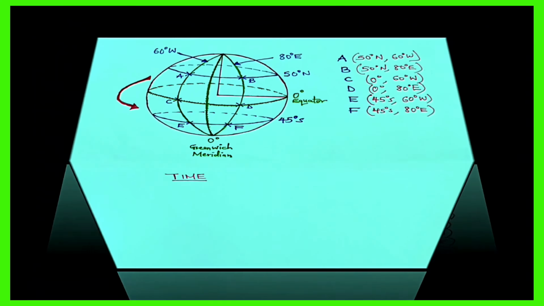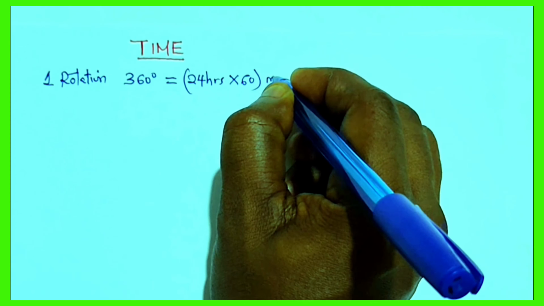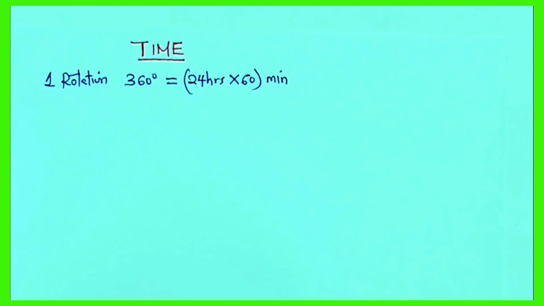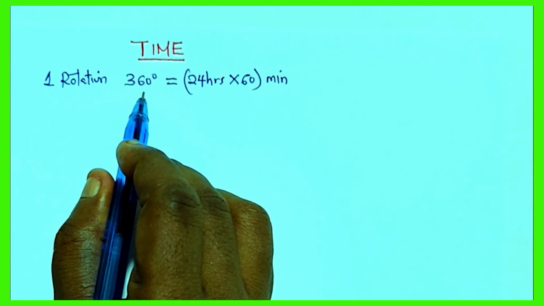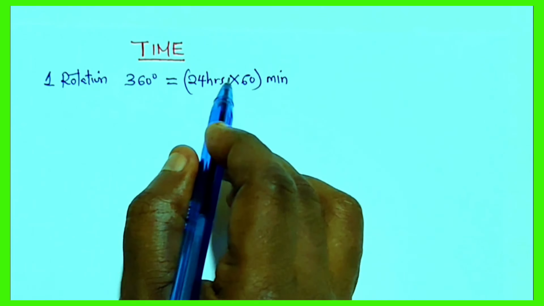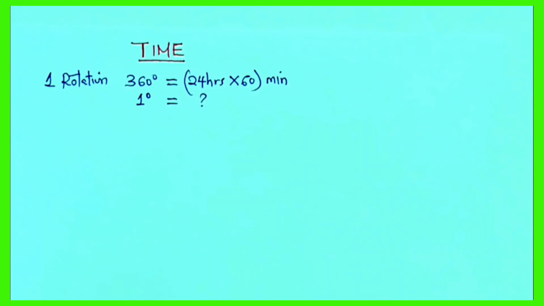Therefore, we can say that one rotation, which is 360 degrees, will be equal to 24 hours, and these hours we can change into minutes by multiplying by 60, and therefore we ask ourselves, if 360 degrees will be equal to this number of minutes, what about 1 degree will be equal to how many minutes?